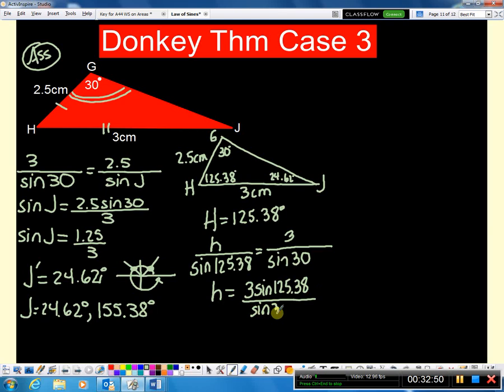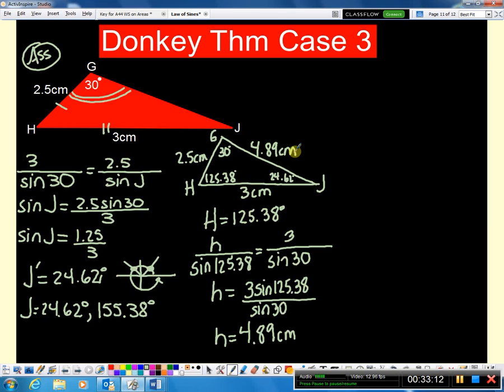I'm going to punch this in on my calculator. So there's not a great deal of writing, and this doesn't really take that long. I'm getting 4.89 centimeters. Putting it on my picture.